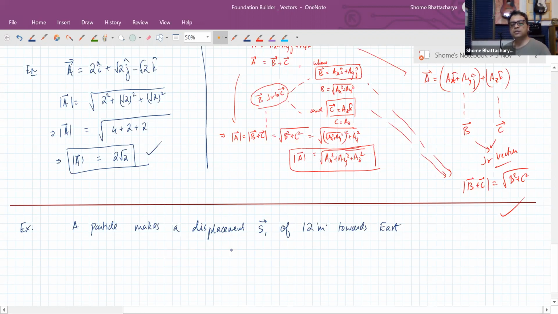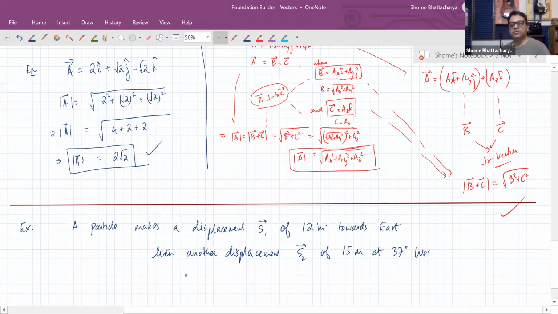Okay. Then another displacement S2 of, let us say, 15 meters at 37 degrees west of north.